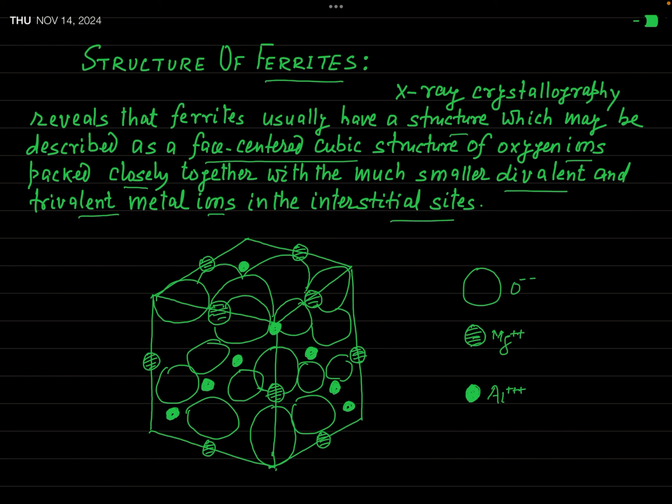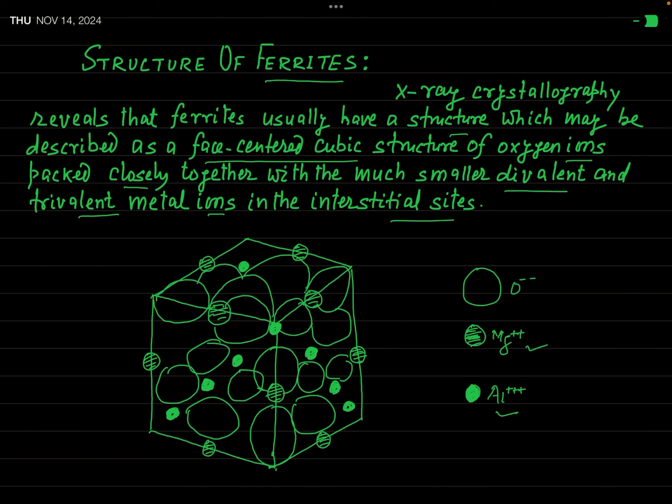Here I have shown that this hollow sphere, or circle, represents the oxygen ion O double minus, this shaded sphere represents the Mg double plus ion, and this solid sphere represents the Al triple plus ion.